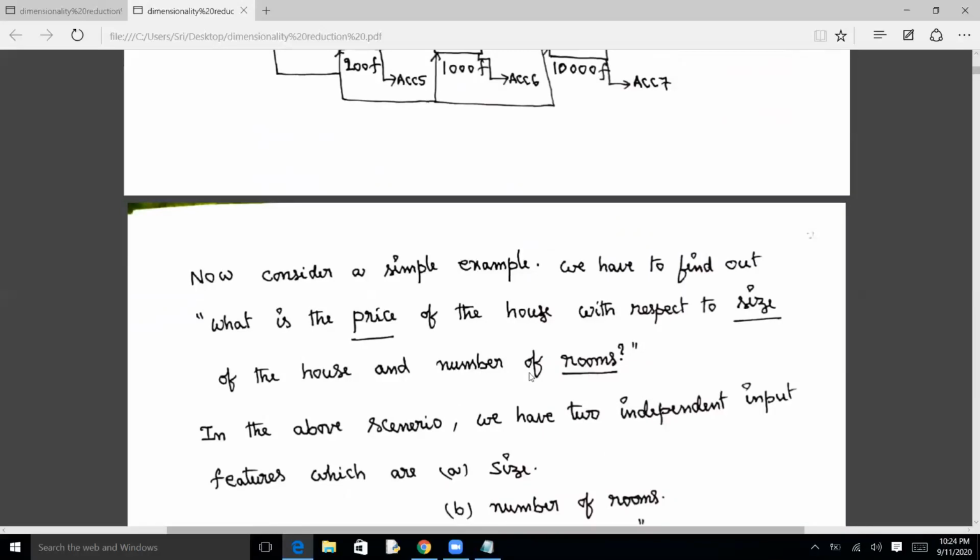Corresponding to the size of the house and the number of rooms present in the house, we conclude the price of the house.